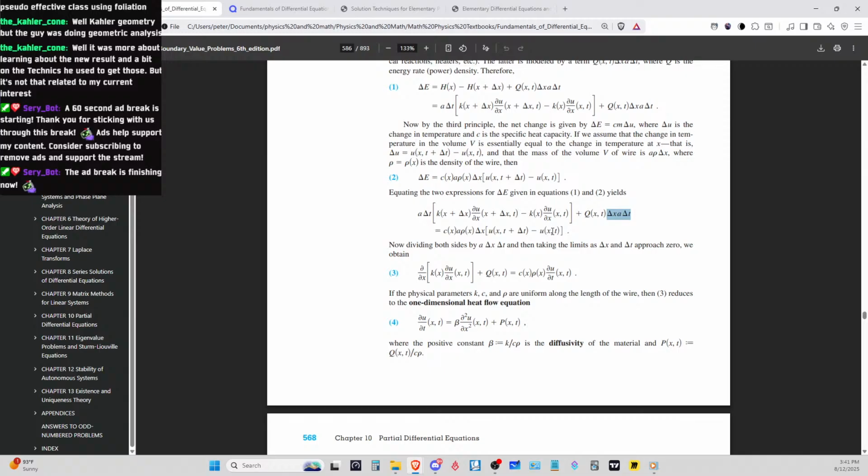Let's see, if the physical parameters of K, C, and rho are uniform along the length of the wire, then 3 reduces to the one-dimensional heat flow equation.